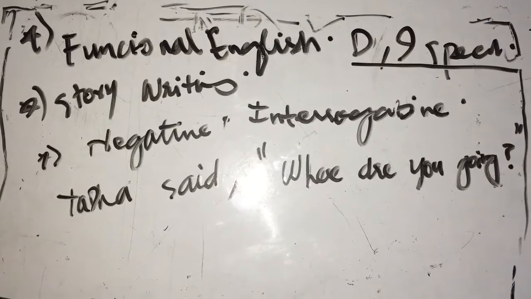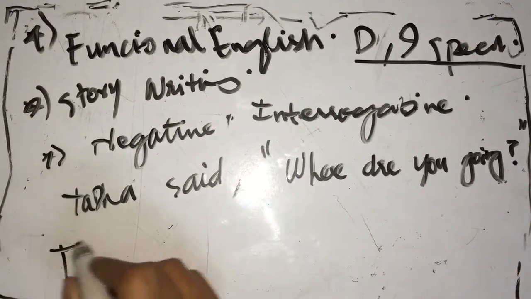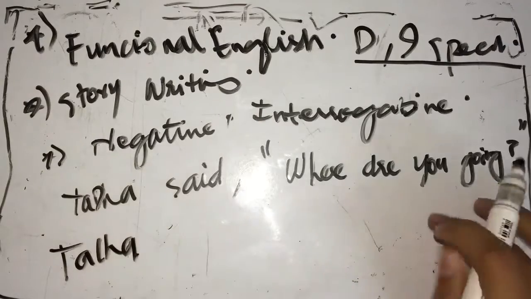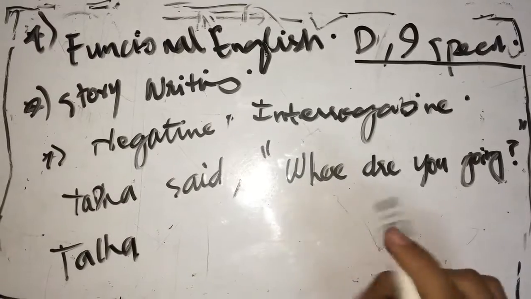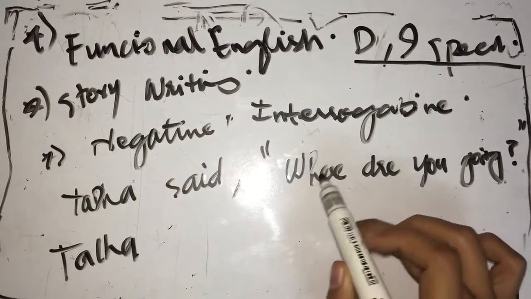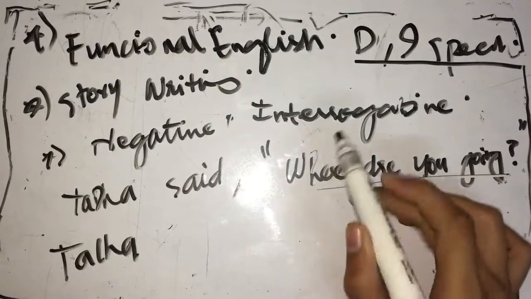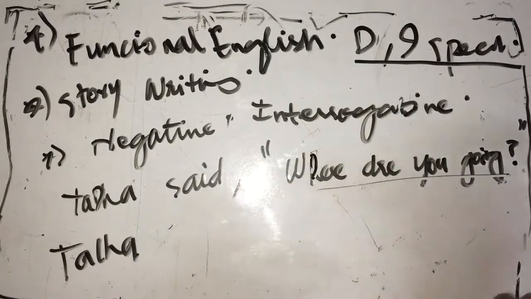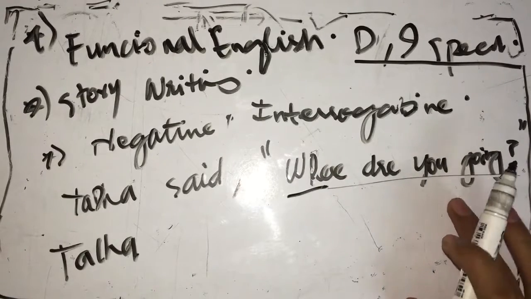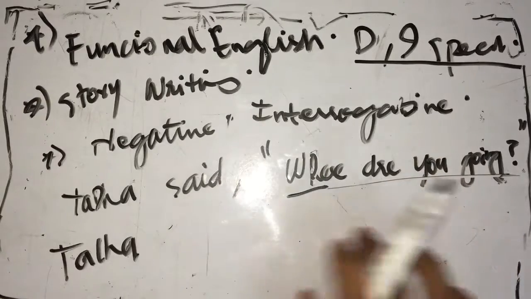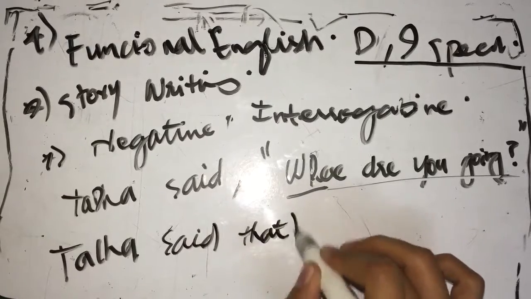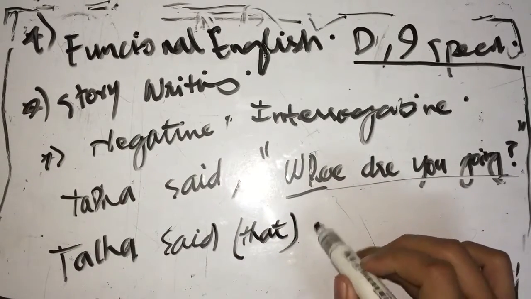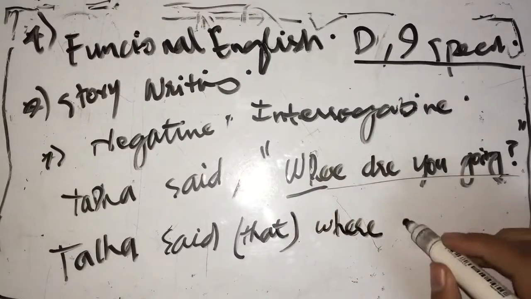So here, how are you going to change this? In the interrogative sentence, you have to change this direct speech into indirect speech in such a way that the question gets replaced by an affirmative, a declarative statement. So it's not going to be a question anymore. It's going to be a simple statement rather than a question. We'll see that in a sec. So you have Talha said that where.